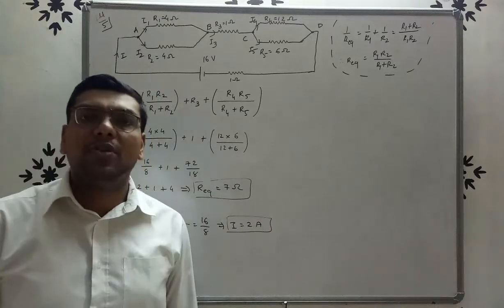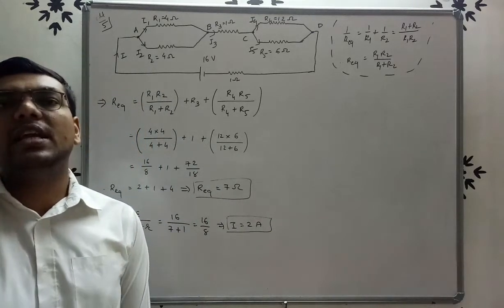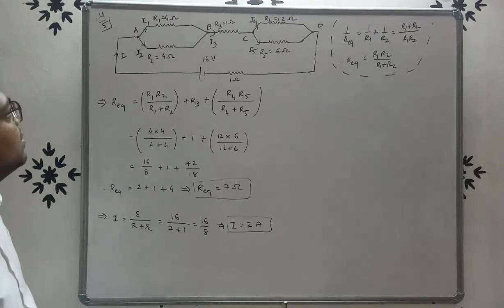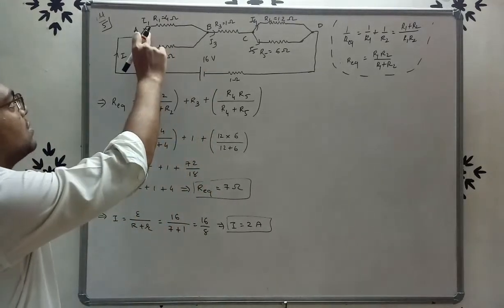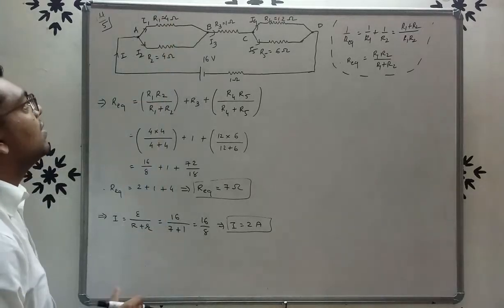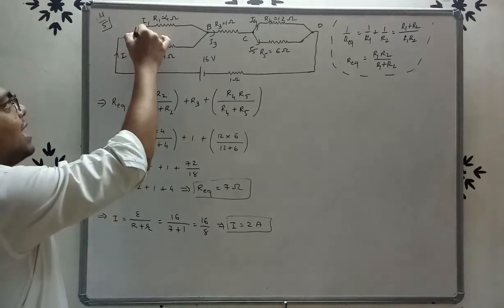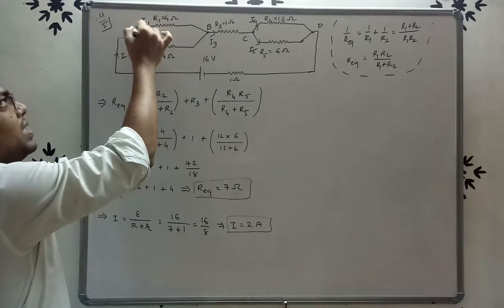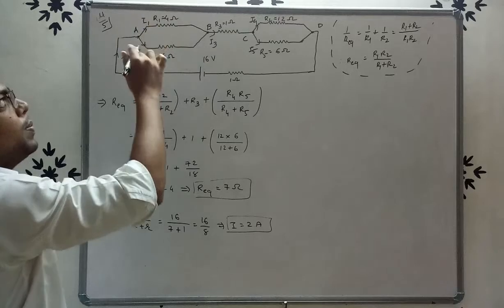Now we have to find the value of current in each resistor. First of all we have to find current I1 which is flowing through R1. But see here friends, at point A the total current is I, and this I will be distributed into two parts.